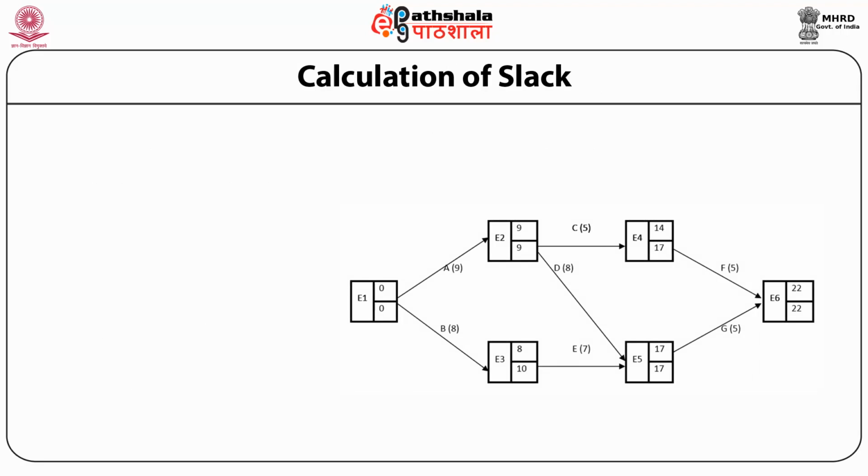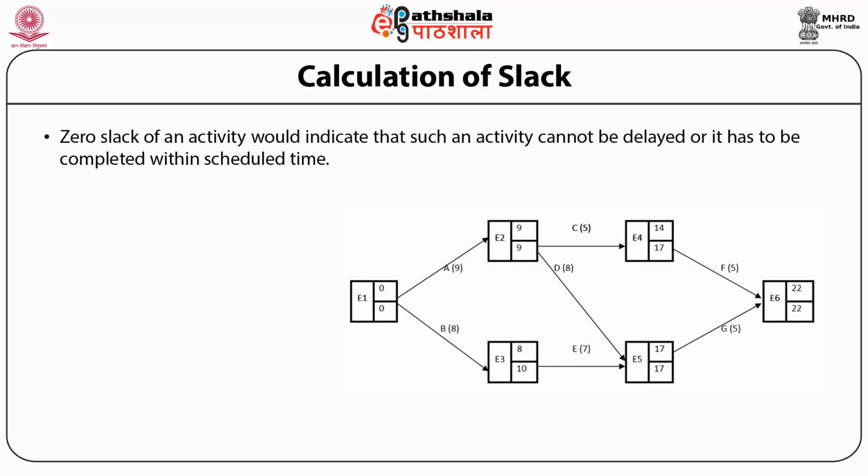Step 3, calculating slack. Zero slack of an activity would indicate that such an activity cannot be delayed or it has to be completed within scheduled time. Such activities are the most important activities in a project and constitute the critical path.